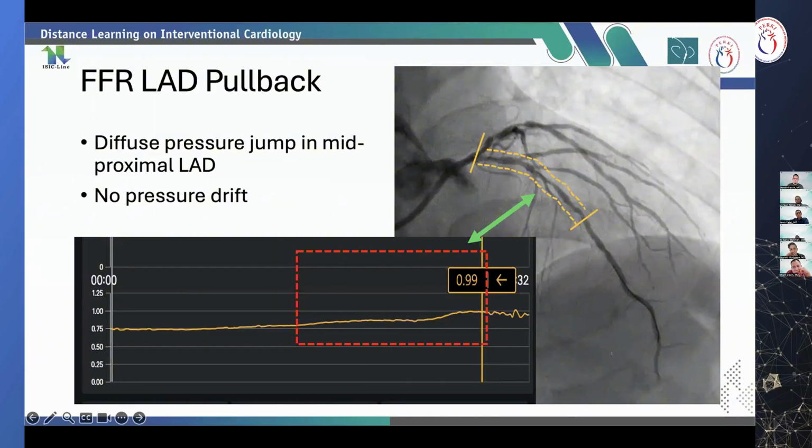There is a part that is only focal, to treat by predilatation and then DCB, because we are concerned that maybe in the next days there will be a need for revascularization by CABG. We would still get the graft in the distal LAD. Concerning the left circumflex, the FFR is still normal.